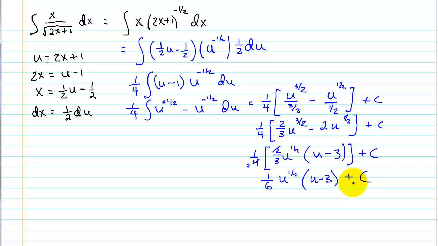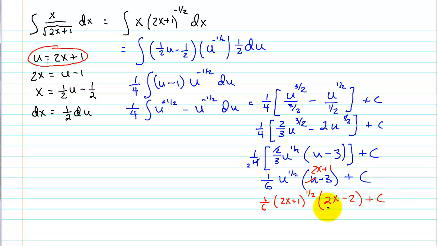And our final step is to put this back in terms of x, so I now need to use our substitution here. So I have here 1/6 times 2x plus 1, square root of that. And I'm going to replace this u with 2x plus 1. And I now have the minus 3, so I get 2x minus 2.